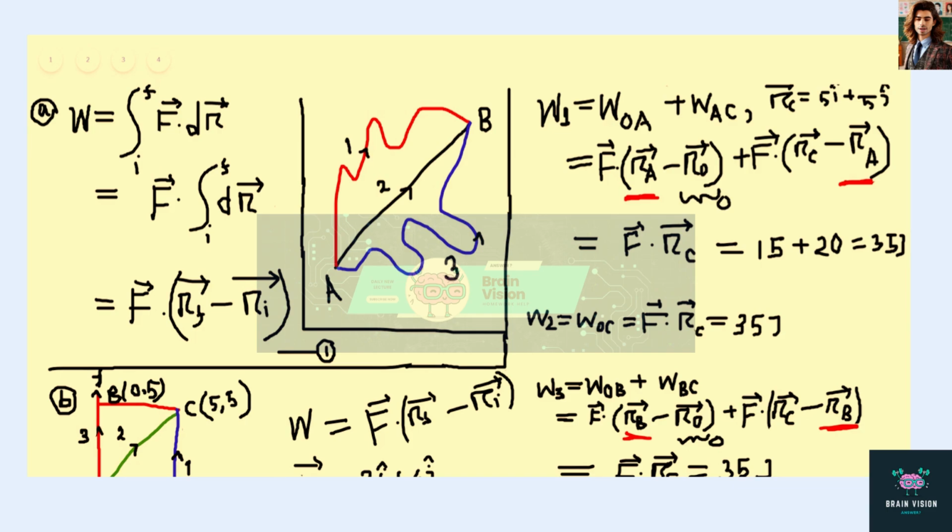Along the red path, I have OB plus BC. In a similar way, F dot (RB minus RO) plus F dot (RC minus RB). The RBs cancel each other. Then I only have F dot RC, which is again 35 joule.